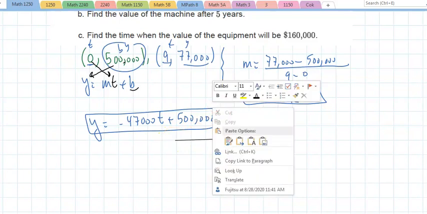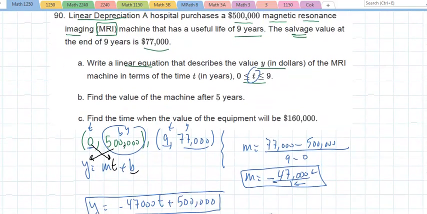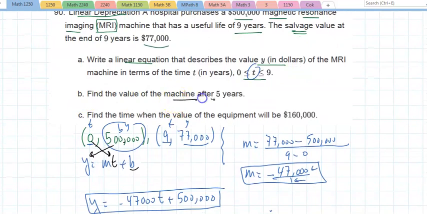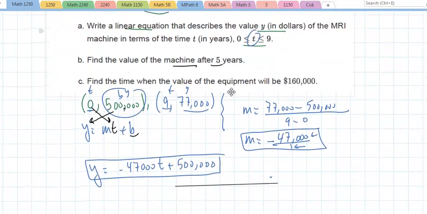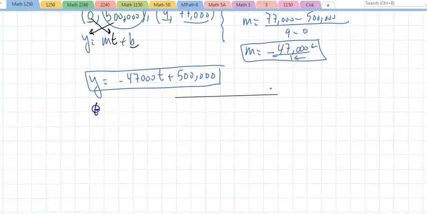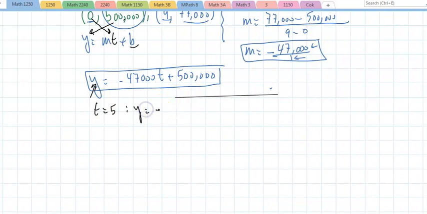Again. Now, part B. Find the value of the machine after 5 years. Okay? If t equals 5, what is the value of the machine? That will be negative 47,000 times 5 plus 500,000.